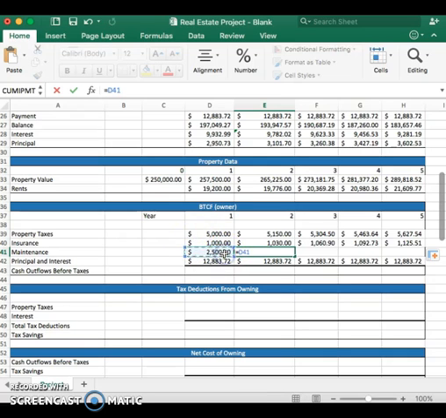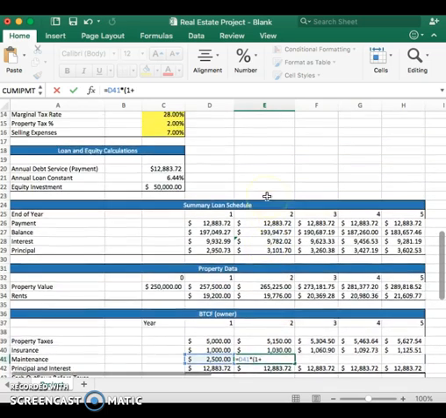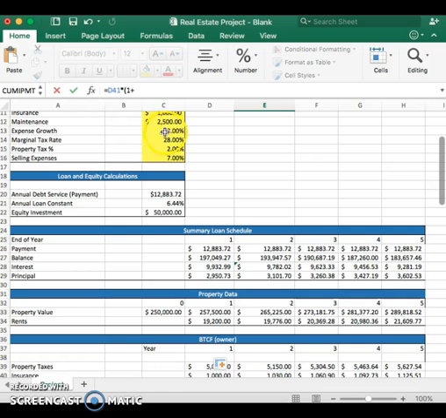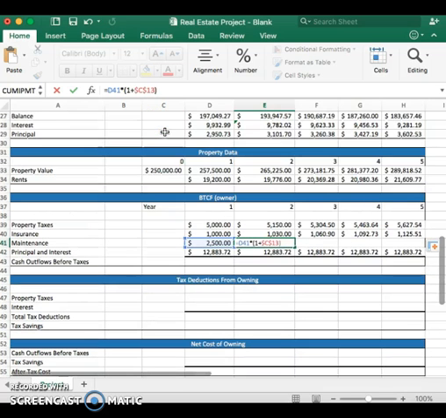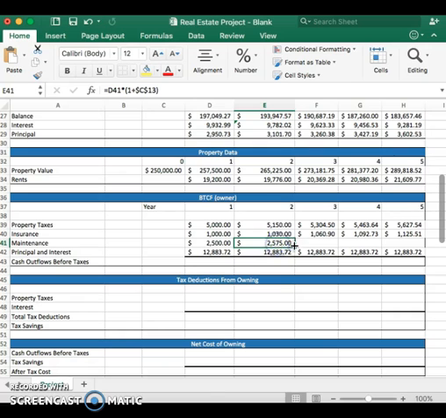We'll take D41 and multiply that by 1 plus C13 again, and we have to lock that, and then in parentheses copy it over, and we're done.